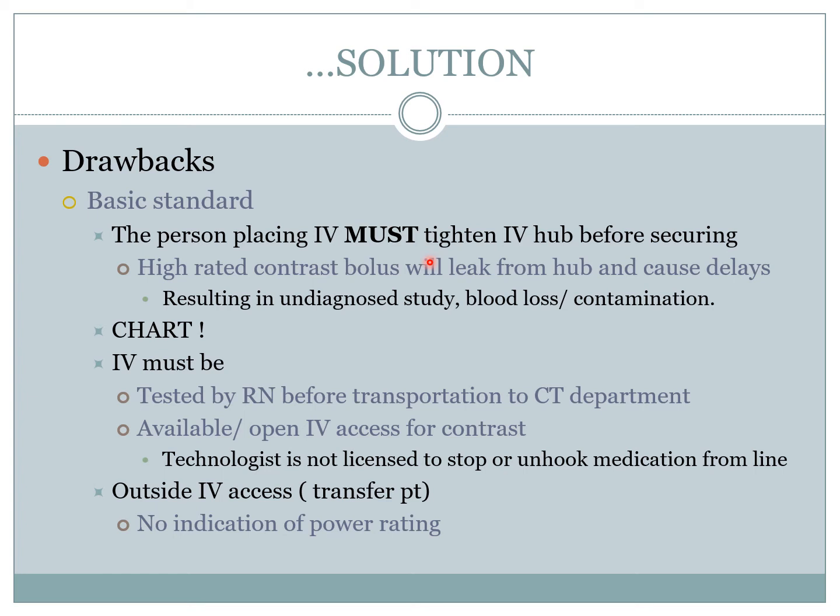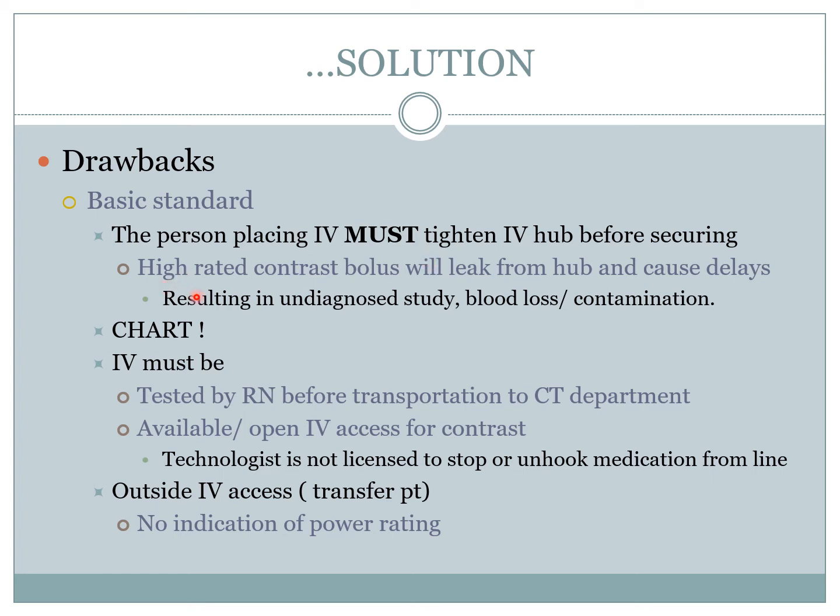When we check it in the CT department, we push it in with a hand injection, and even though we hand inject really fast, the contrast goes in and there's no leakage in the hub.